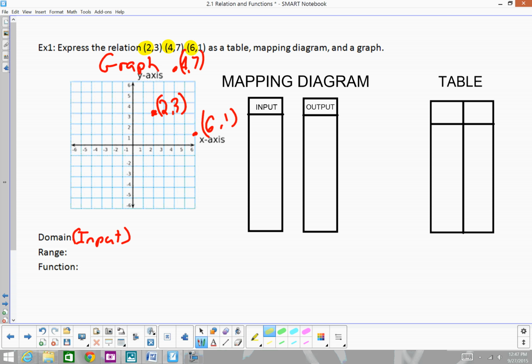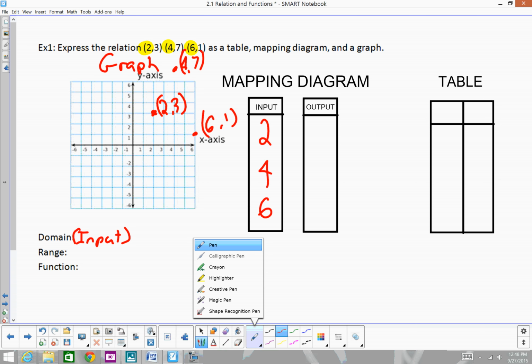I'm going to list those downward in my input column from least to greatest without repeating. So in that case, 2, 4, 6 is in that order.